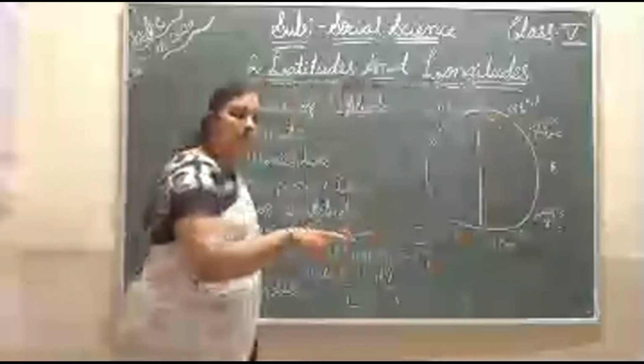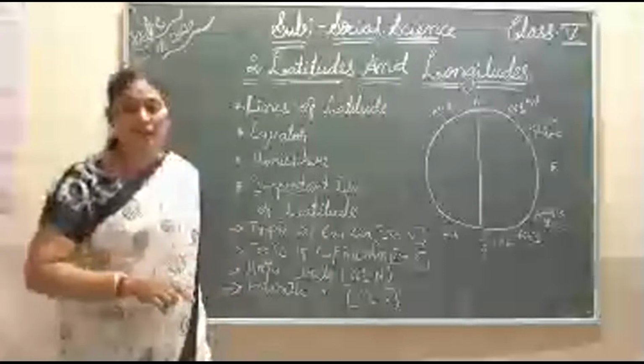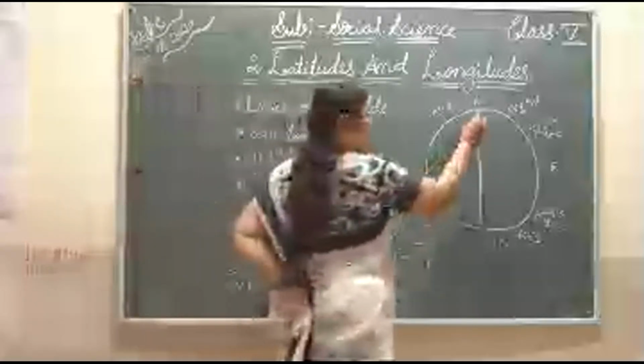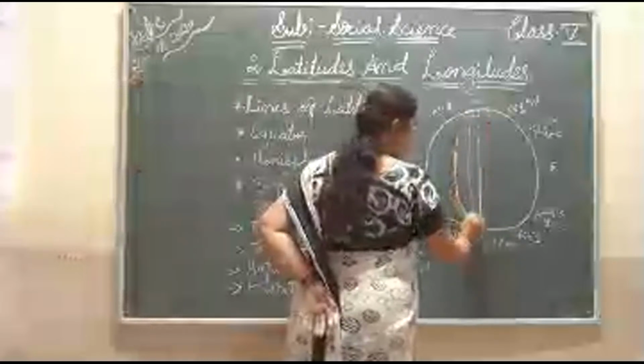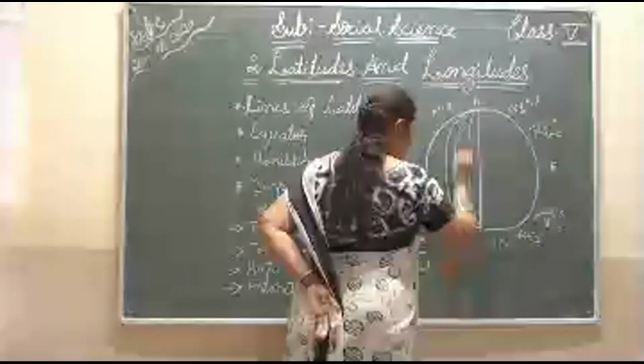Before, I told you about latitude lines and longitude lines. Latitude lines means counting from up to down. These are called the latitude lines.